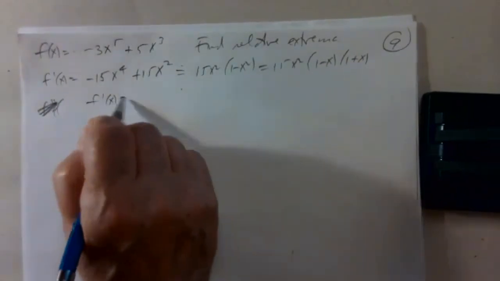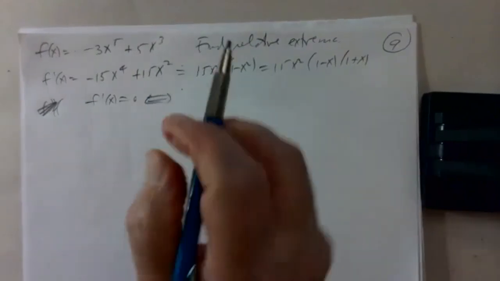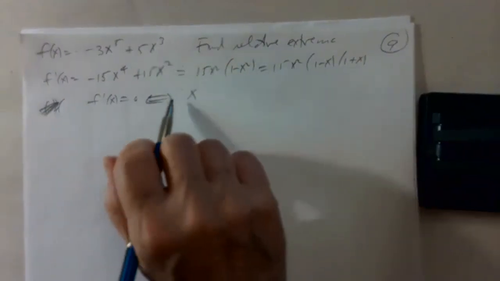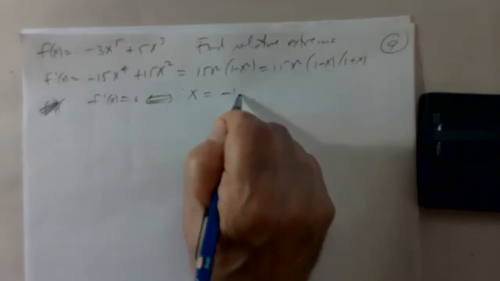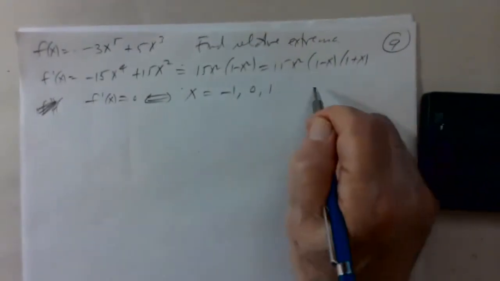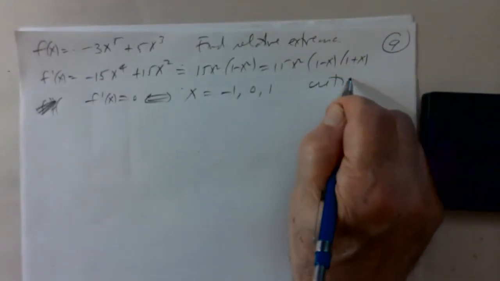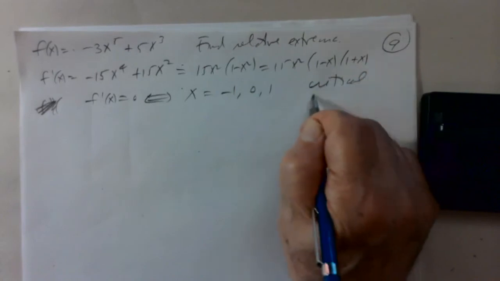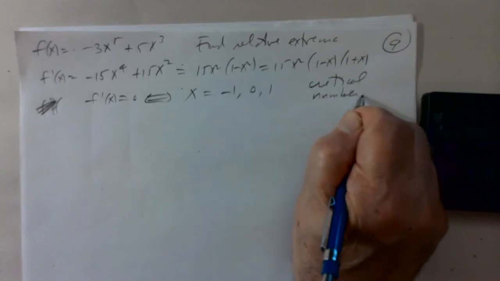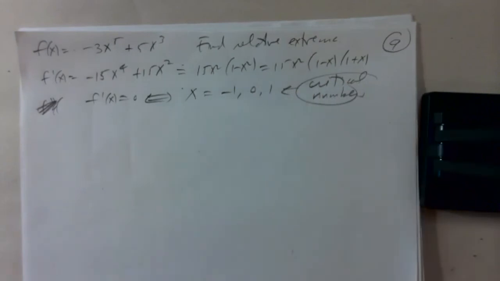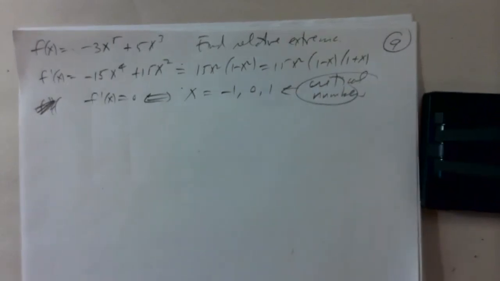So f prime of x is 0 if and only if x is one of the numbers minus 1, 0, or 1. So these are the critical numbers. Those are the numbers where the derivative is 0.